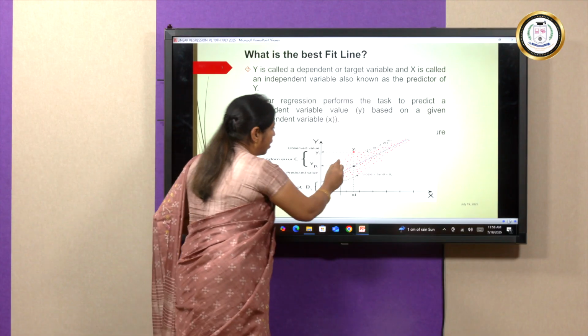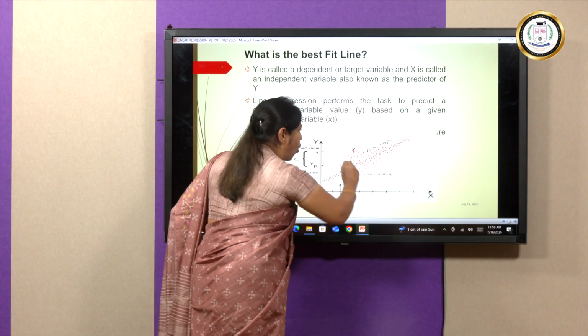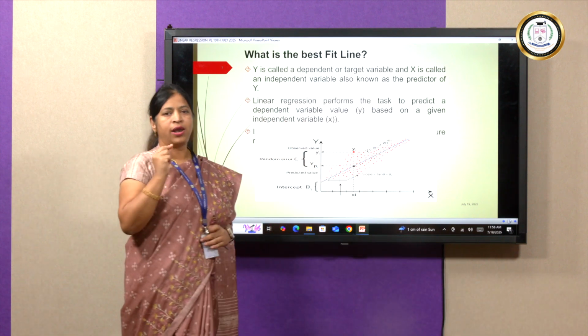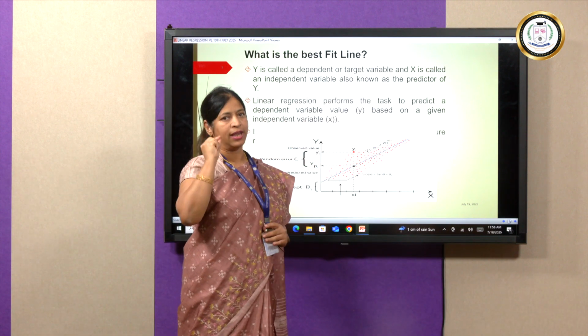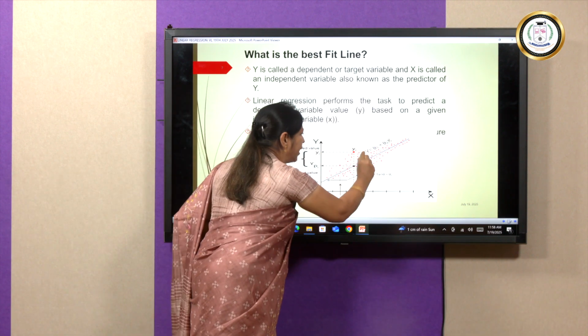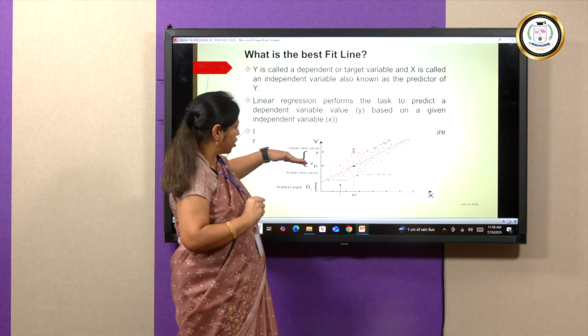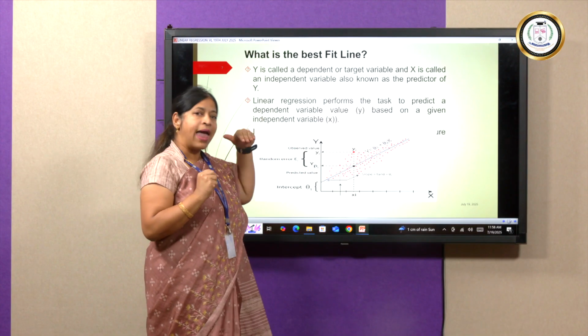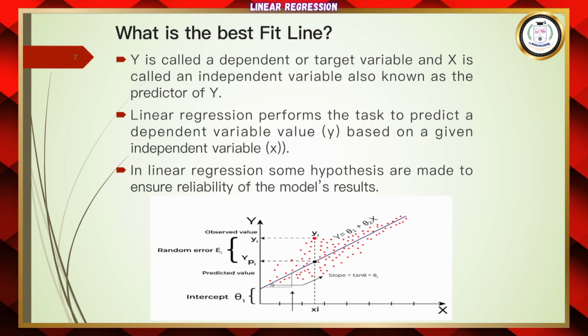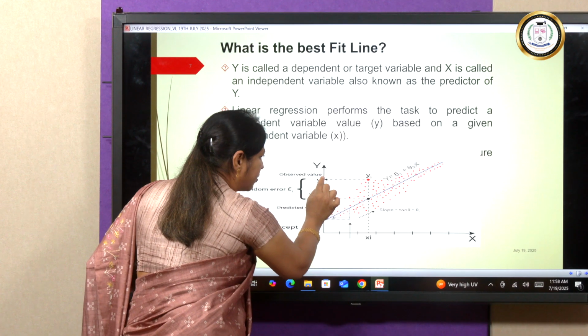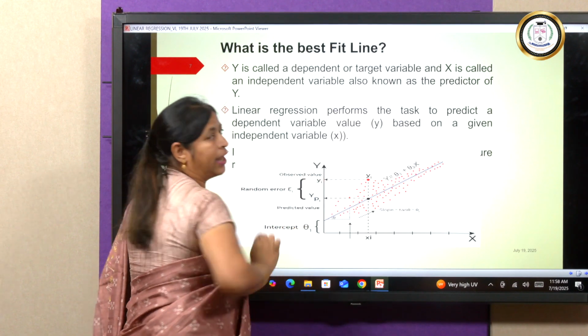Here, the dots over the line are called predicted y values, and all the red points across y we call actual y values. See, this is a red data point yi, which is your actual y value.